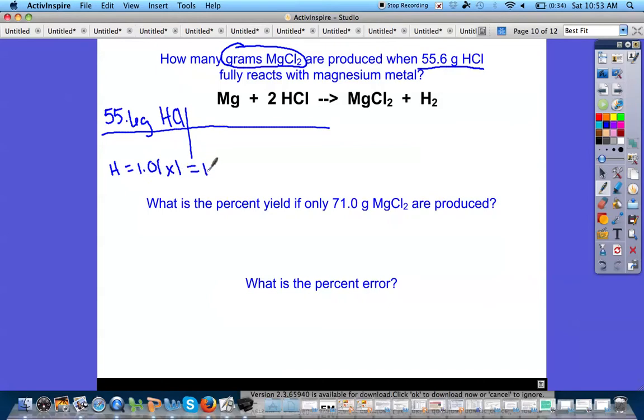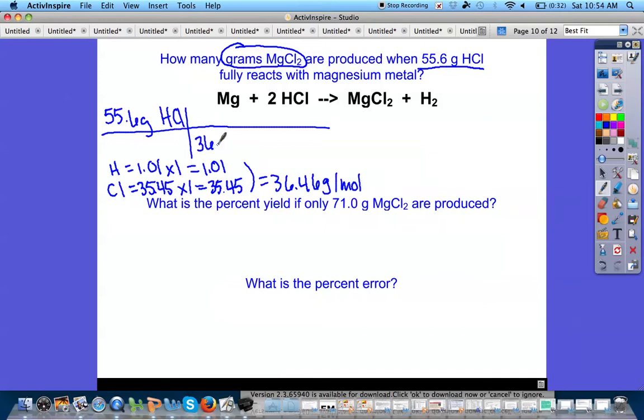So that's going to be 1.01. Chlorine's average atomic mass is 35.45. We have one atom there again. So this is going to be 35.45. So add these two together, and we should get 36.46 grams per mole.